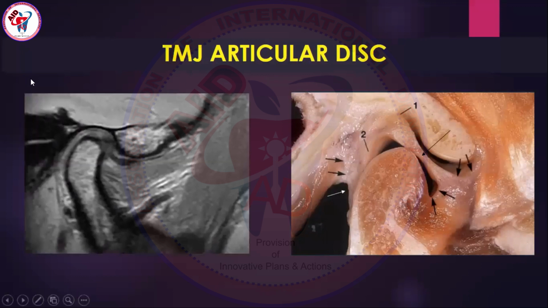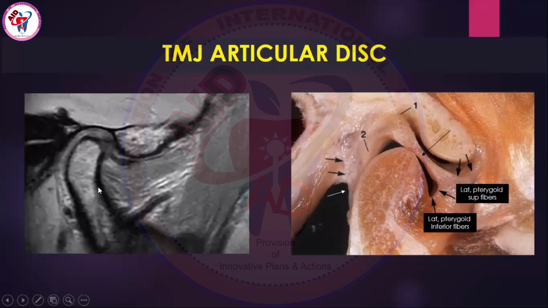This is the MRI on my left side, and that is the true cadaver picture. Try to evaluate on the radiograph the things which you are seeing in the real picture. That is the lateral pterygoid muscle inferior fiber.